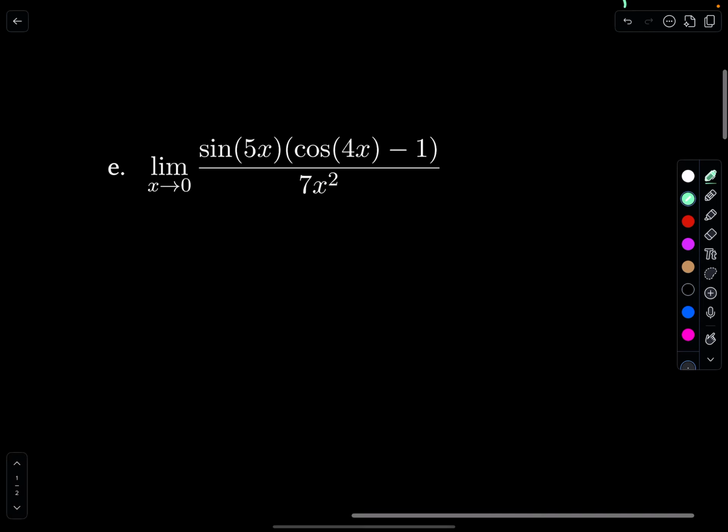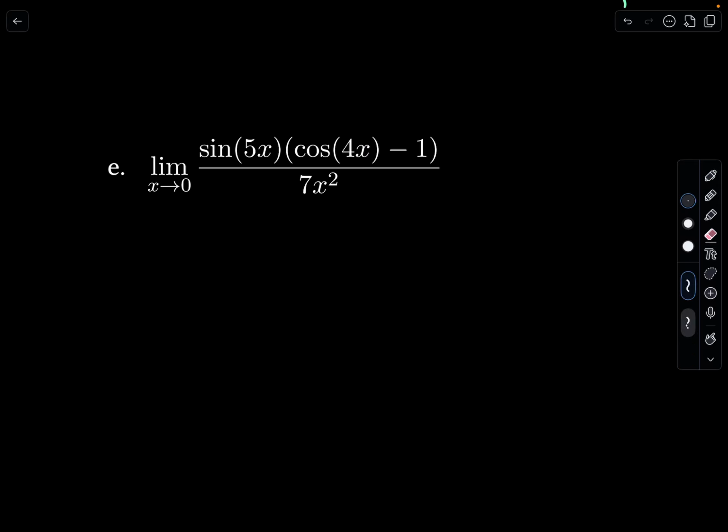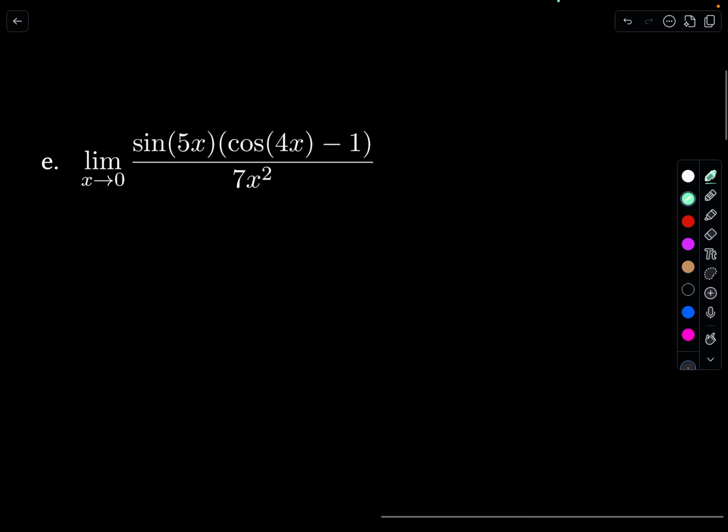Couple more. Wow, that looks like a nightmare. Well, let's do it. So let's just proceed as we did before. Limit as x approaches 0 of, we've got the sine of 5x over 5x.